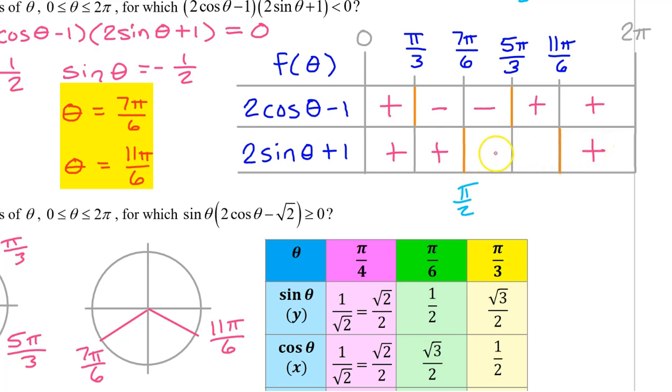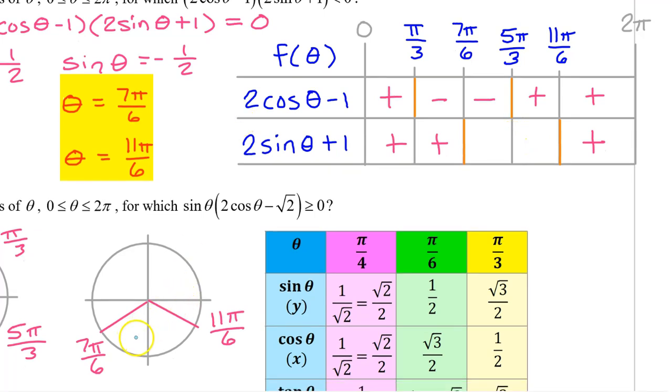That leaves us to check the interval between 7 pi over 6 and 11 pi over 6. I could use 5 pi over 3, but let's think if there's a better option. The interval between 7 pi over 6 and 11 pi over 6 is right here. So a great value to use would be 3 pi over 2 right here.